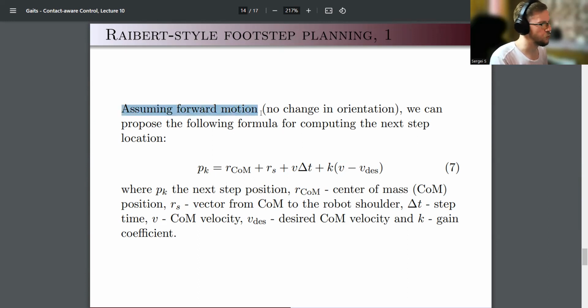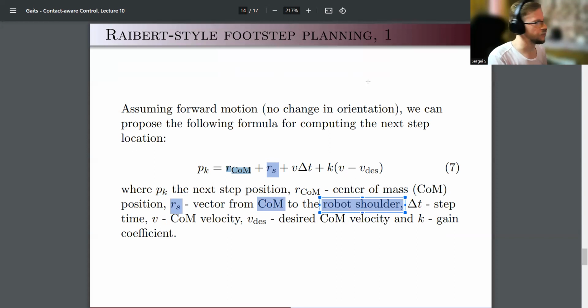Assuming forward motion, so we do not change orientation, we only move forward, we can propose a formula for computing the next step location. The location of the next step would be equal to the current location of the center of mass. Then we add to it this, which is a vector coming from the center of mass to the robot shoulder.